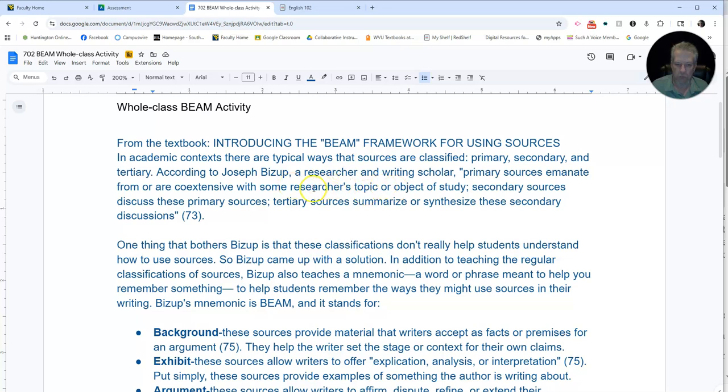That person would be the secondary source because they didn't do the footwork. They just used that person's work to do their own work. So if you were to use them as a source for your paper, they would be a secondary source, right?